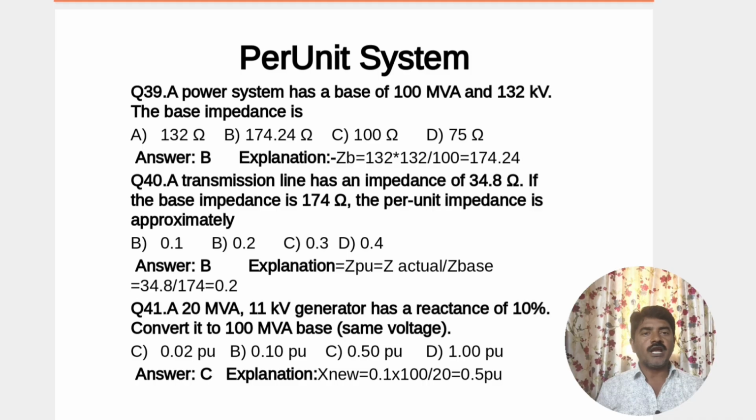A 20 MVA 11 kV generator has a reactance of 10%. Convert it to 100 MVA base. Voltage is constant. So here 20 MVA is equal to 10%, 100 MVA is equal to some X value. In cross multiplication, you will get 0.50 per unit is the answer. Here C is the answer.